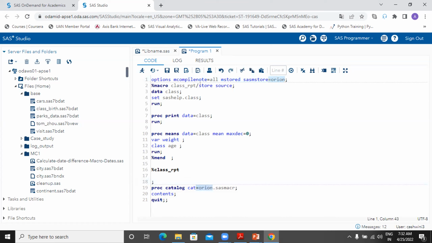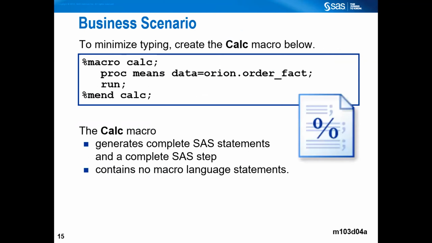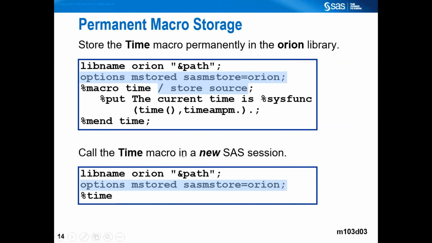Now while creating your macro, you have already given this source, hence simply call it like this. So that's why in a new SAS session, it's telling you simply connect with your library, write this option and simply call your macro. So no need of writing your program every time or opening the code where you have saved the program file and executing it manually.